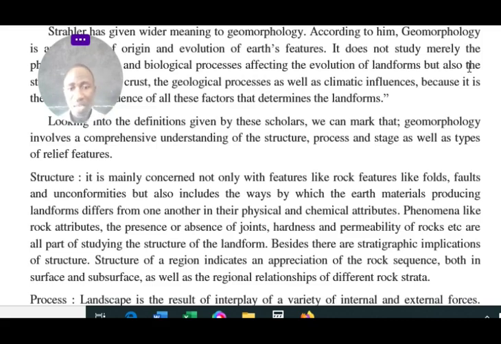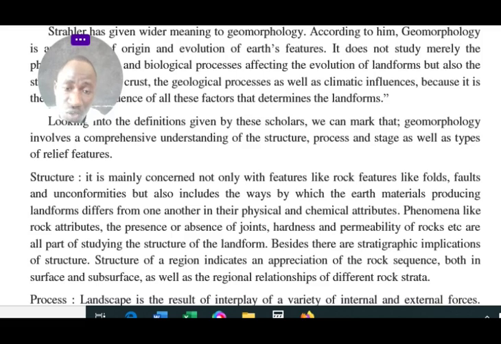not only with features, but it also looks at rock features in terms of folds and formations, and also includes the way by which the earth materials produce landforms that differ from one another in terms of physical and chemical attributes.